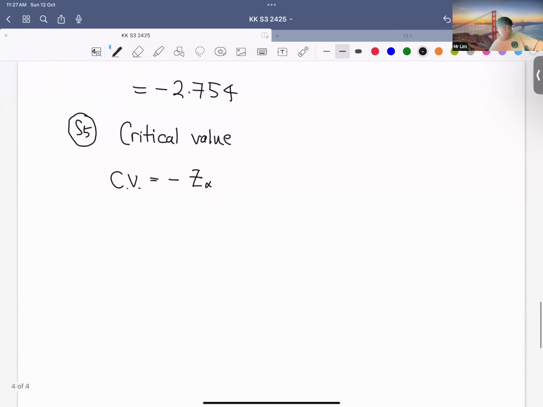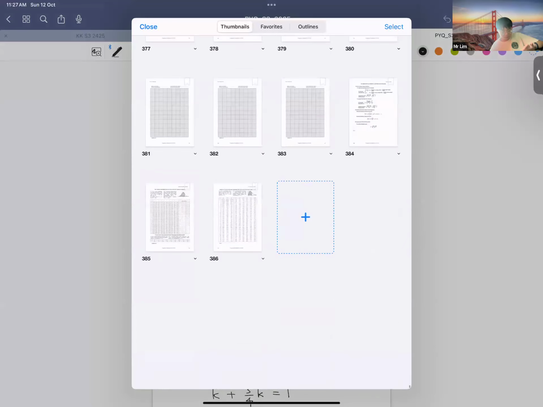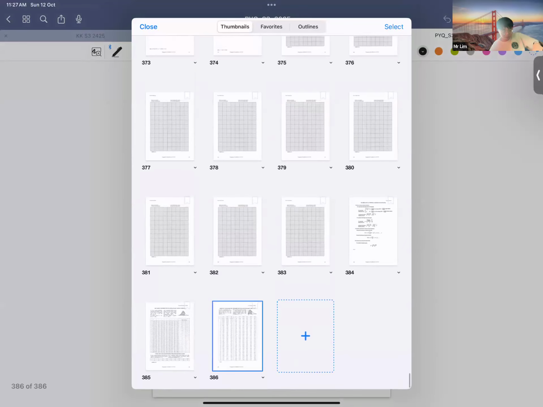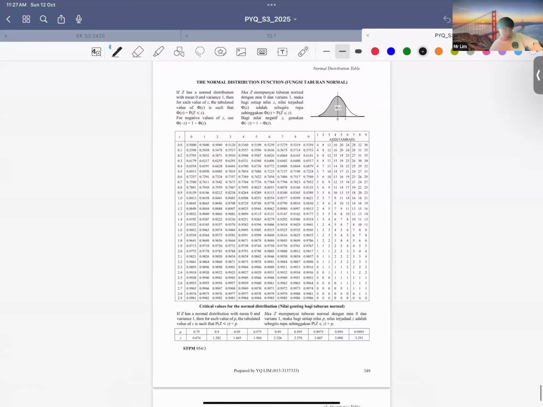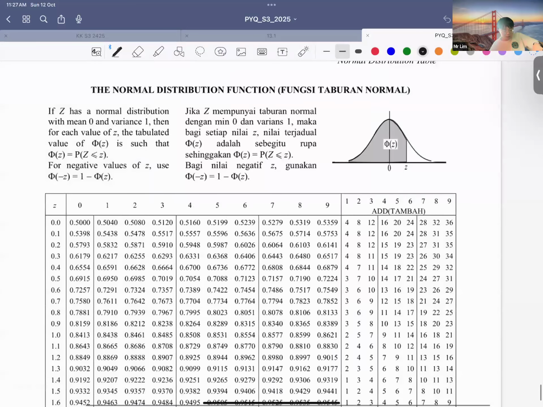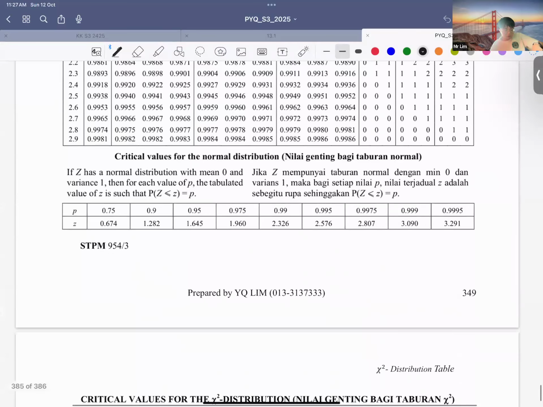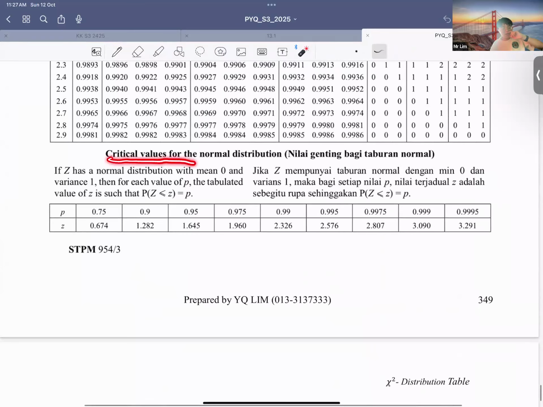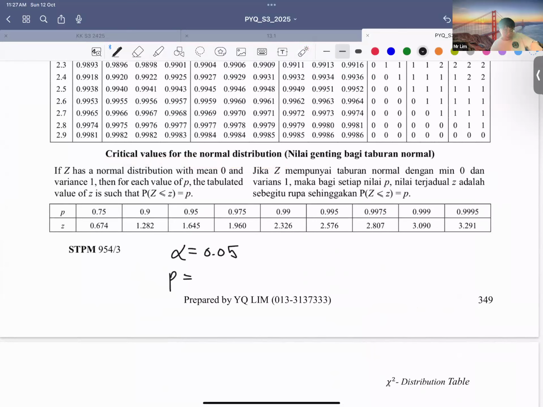Well, for this, you have to go to your table, which is a normal distribution table. You have to scroll down to the critical values of the normal distributions. In this case, if I'm using alpha equal to 0.05, your P should be 1 minus alpha, which is 1 minus 0.05, and should be 0.95.